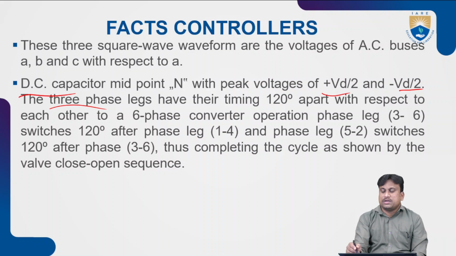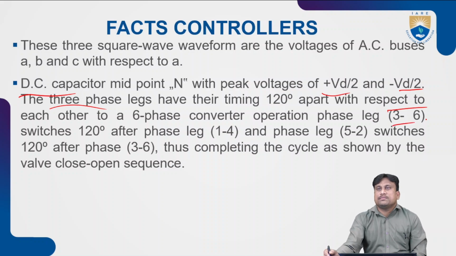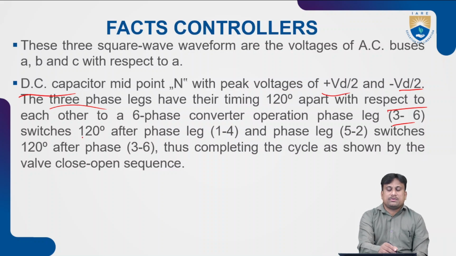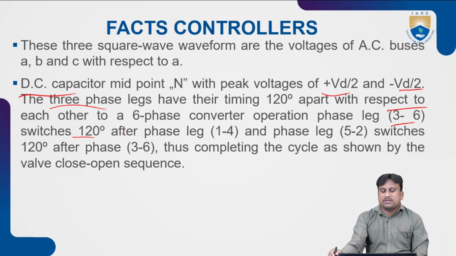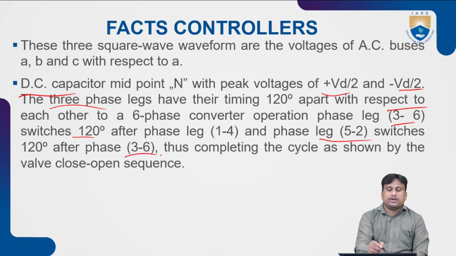This is to be done with respect to the 6-phase converter operation, with the phase leg combination from 3 to 6 existing as the switches are 120 degrees apart from the phase leg, as the 1 to 4 combination is considered and the phase leg 5 to 2 is switched about 120 degrees phase shift with 3 to 6.